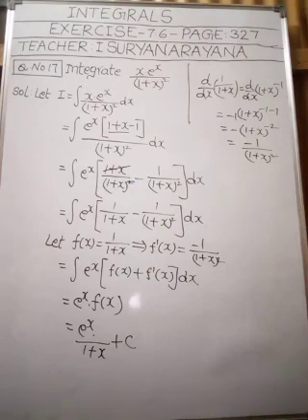Please try these 3 questions and the remaining questions also, which were not explained in this exercise. Please try the questions yourself. If you have any doubts at any step, ask and get your doubts clarified. Okay, my dear children, in the next class I will explain the next concept, the next exercise. Okay, my dear children, right.